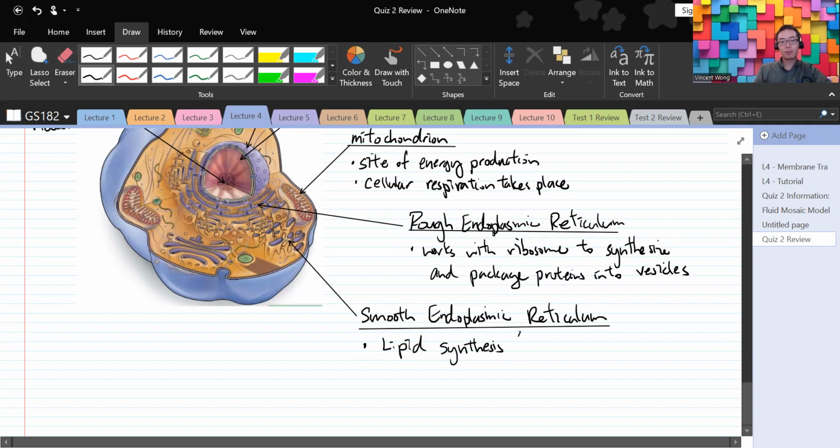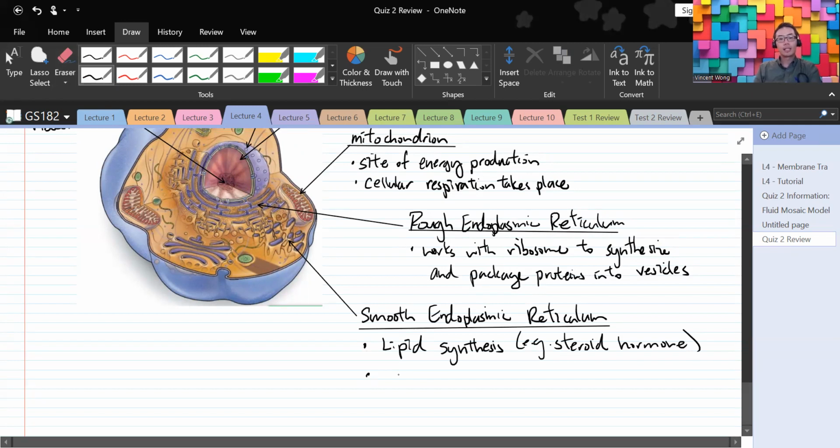So think about the lipid hormones, the steroid hormones. You will make that in the smooth ER. That's one function.